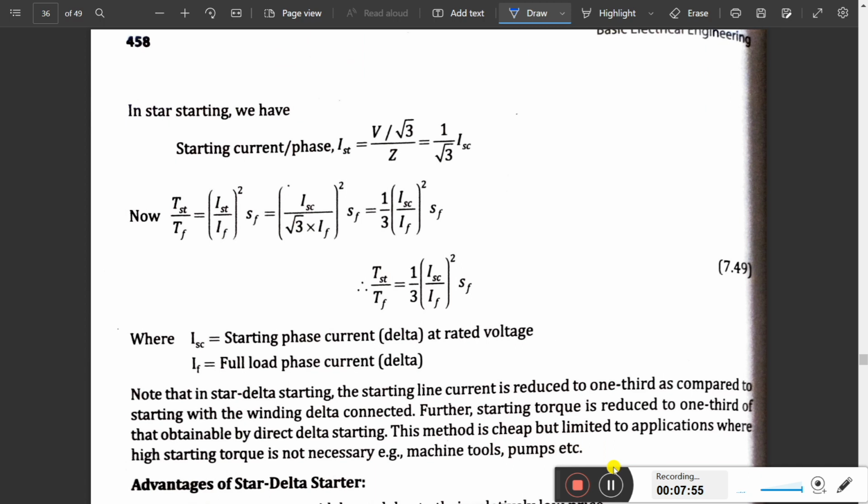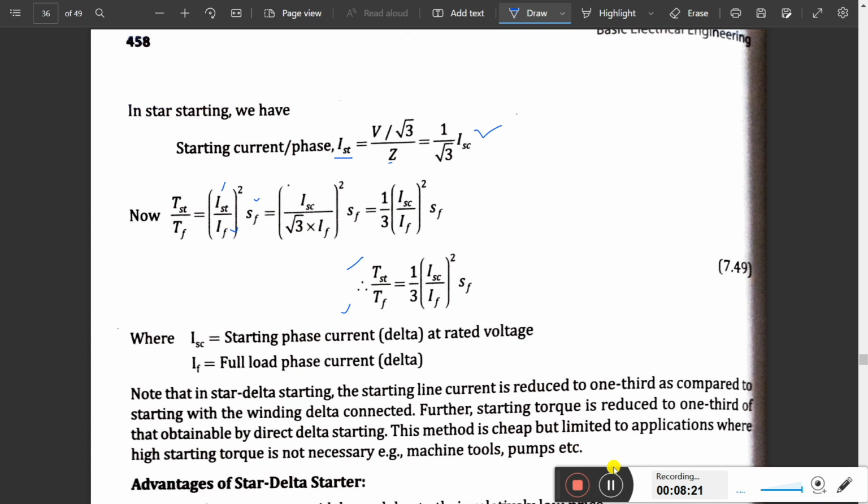Now the main relation between the starting torque and full load torque. From the above equations, we can write I starting is equal to V by root 3 times Z, from Ohm's law only. Then I starting is equal to 1 by root 3 times the I short circuit current. We can simply substitute: Ist by IF is equal to (I starting current by full load current) whole square into SF.